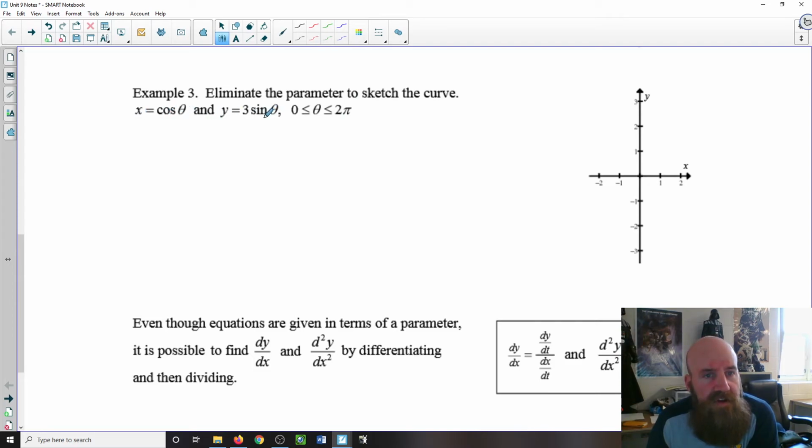All right, so cosine and sine. Whenever you see these, you need to think back to a trig identity that's going to help you. If I think back to something with sines and cosines in it, we have this equation here: x squared plus y squared equals 1, and we could also say that cosine squared plus sine squared equals 1.